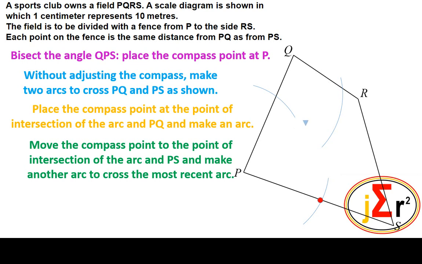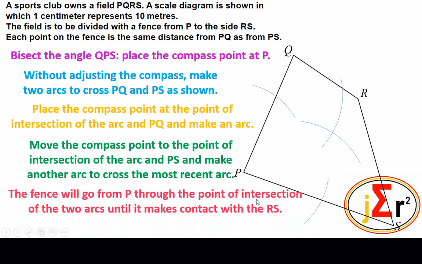And we will make another arc to cross the first one. All of that is done while not adjusting the compass, because we are designing symmetry. The distance from here to here must be the same as the distance from here to here. Also, the distance from here to here must be the distance from here to here.